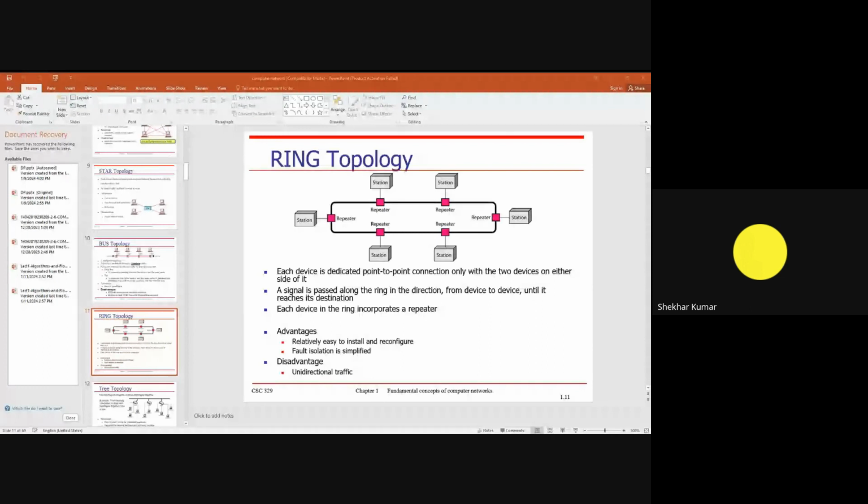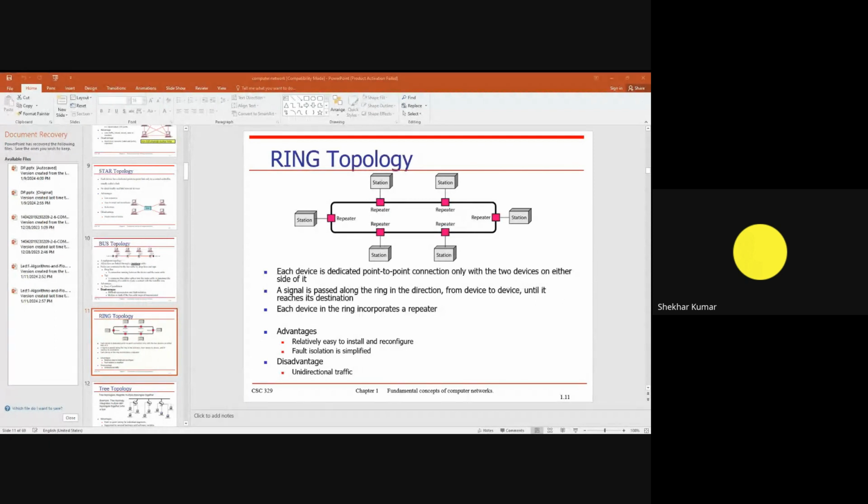And the transmission is unidirectional. But it can also be made bidirectional. If we have two connections between each network node, then we call it dual ring topology. Generally, the ring topology is unidirectional, but you can make it bidirectional by having two connections between each node.